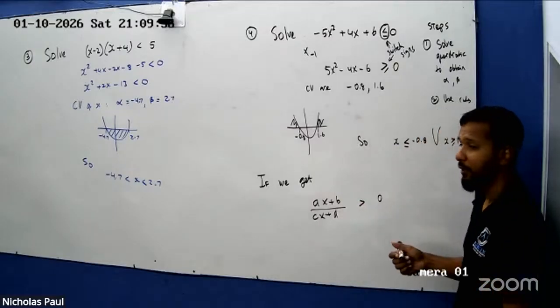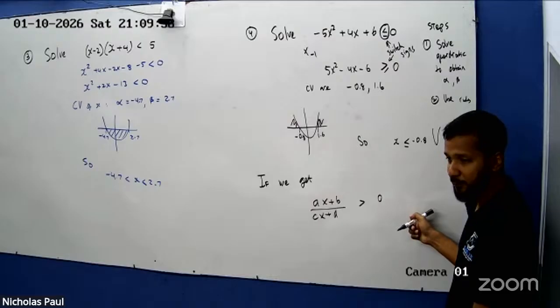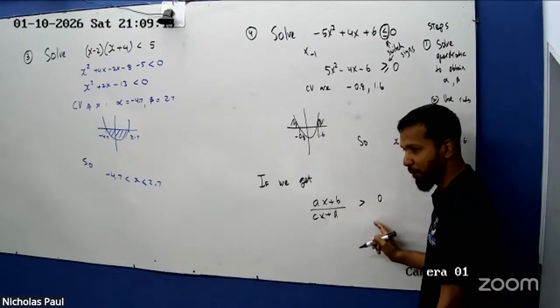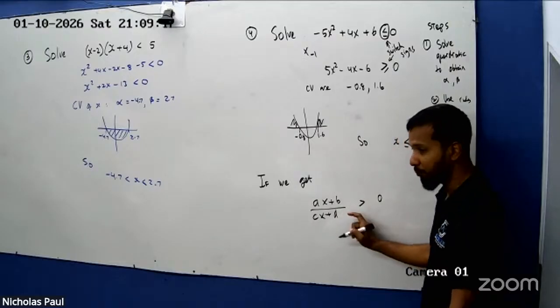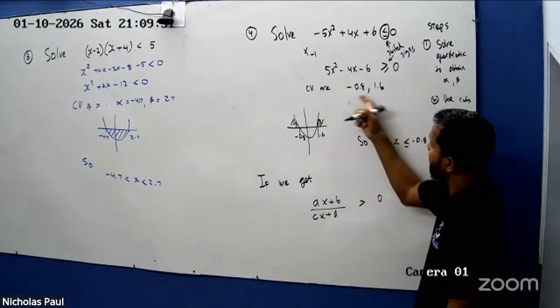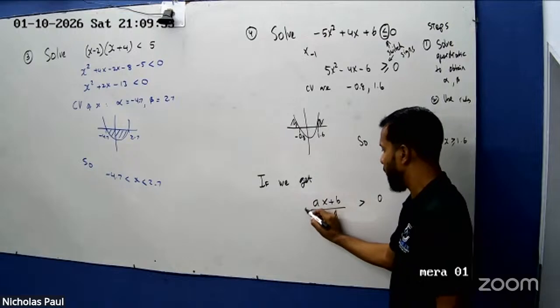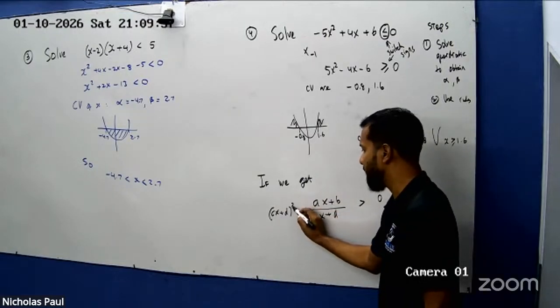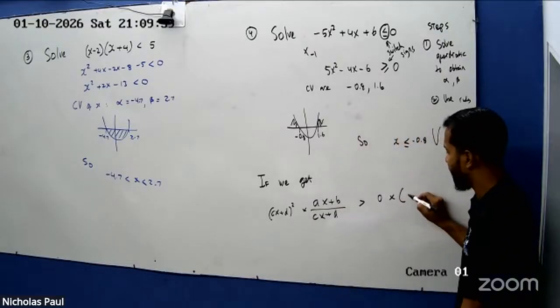How are we going to solve something like this? You could cross multiply and get rid of the denominator, but you end up losing a solution. You're supposed to normally get two solutions. So what you do is multiply by cx plus d squared on both sides.